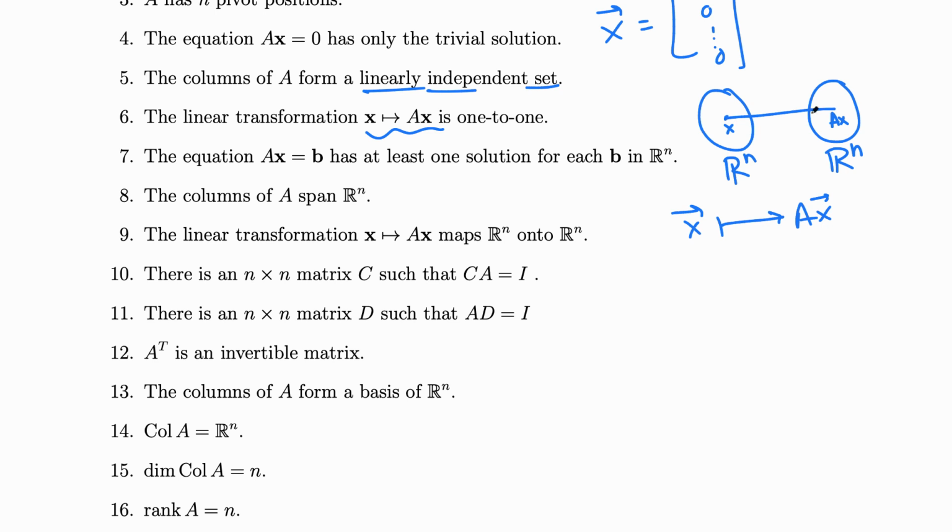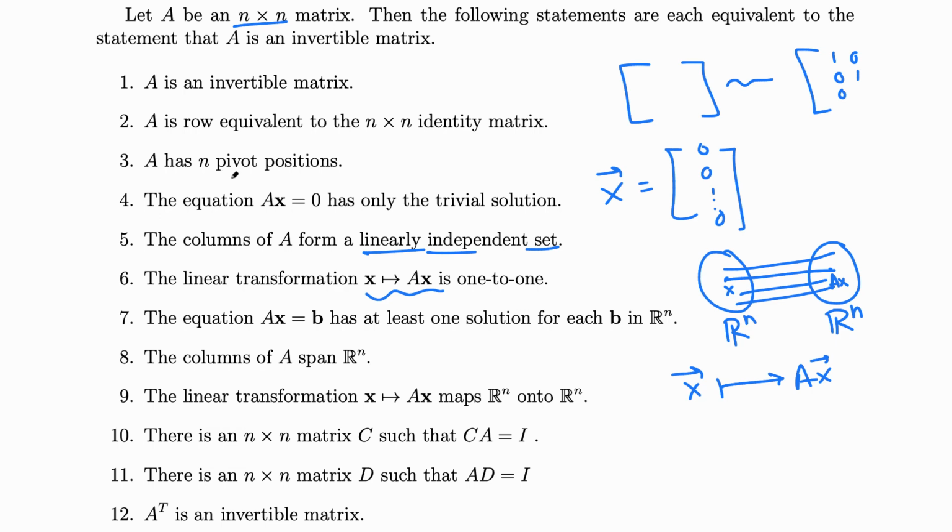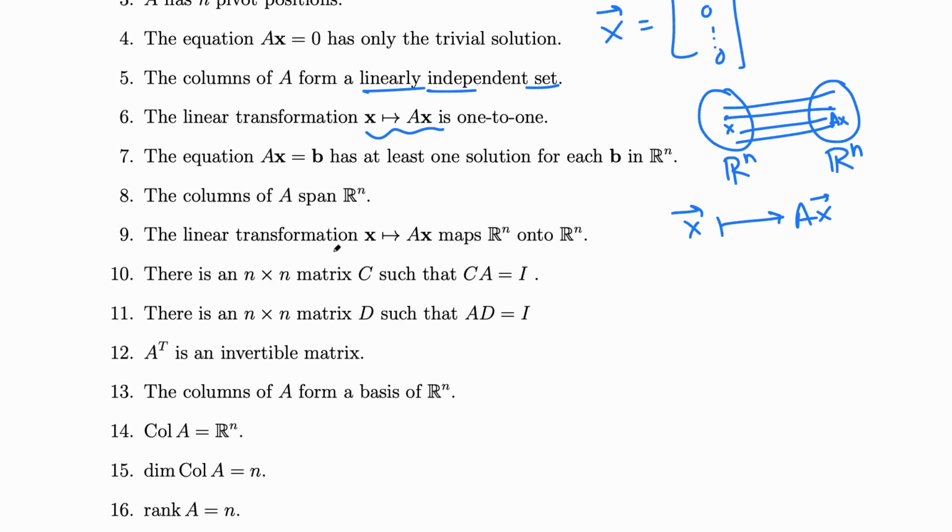This is 1 to 1. If we have the linear transformation 1 to 1, that is true when A is an invertible matrix or A has n pivot positions.